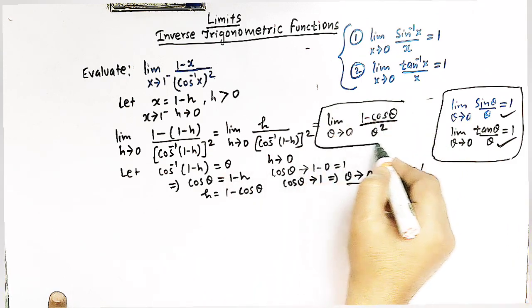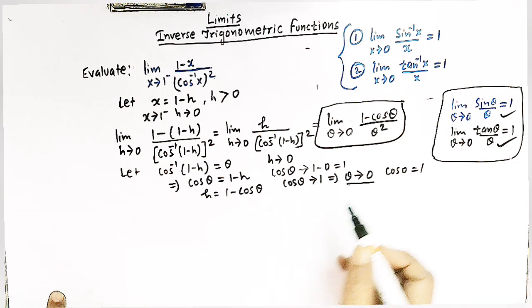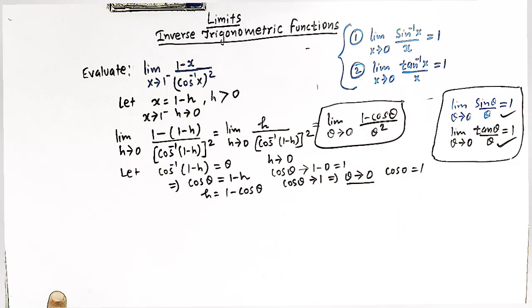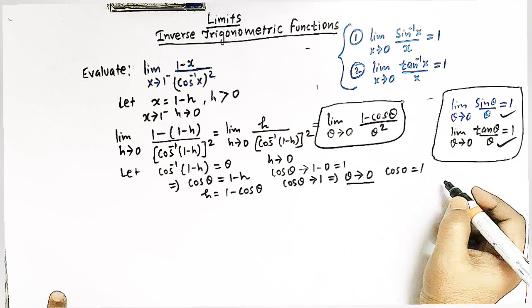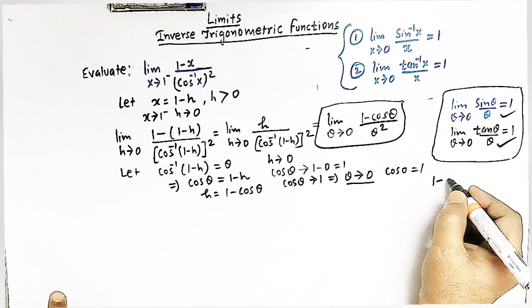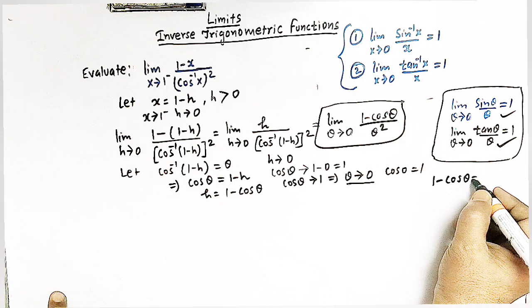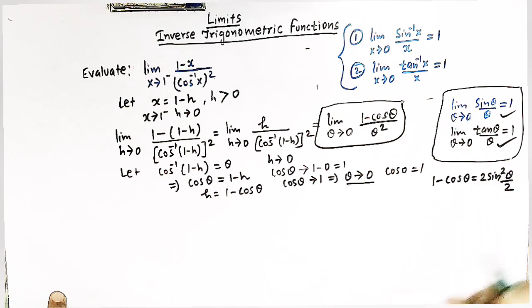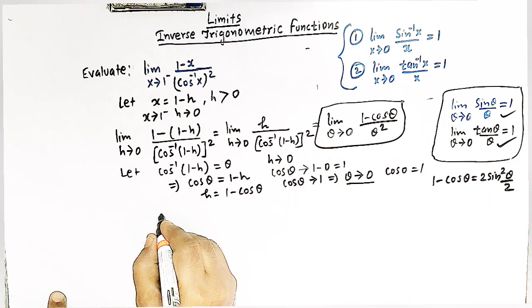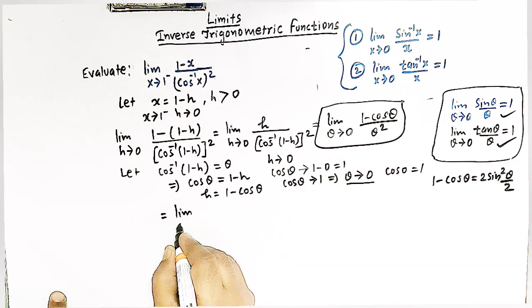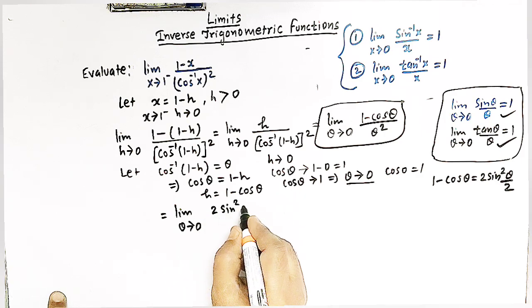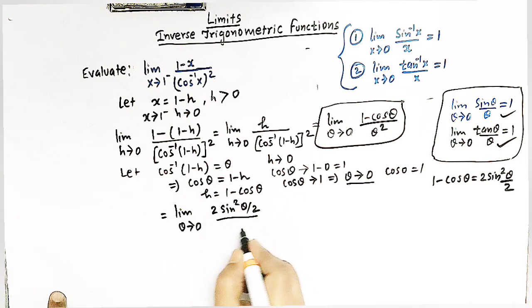So now we have to evaluate this limit. In order to evaluate this limit, we'll make use of an important identity from trigonometry, that is 1 minus cosine theta is equal to 2 times sine square theta over 2. So now this limit is equal to limit theta tends to 0, and we have 2 sine square theta over 2 divided by theta square.